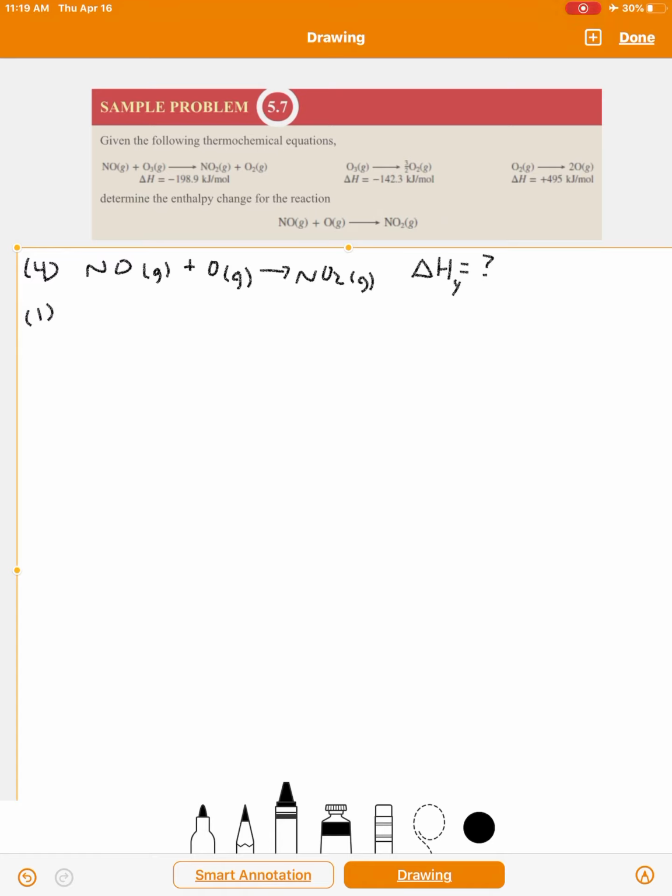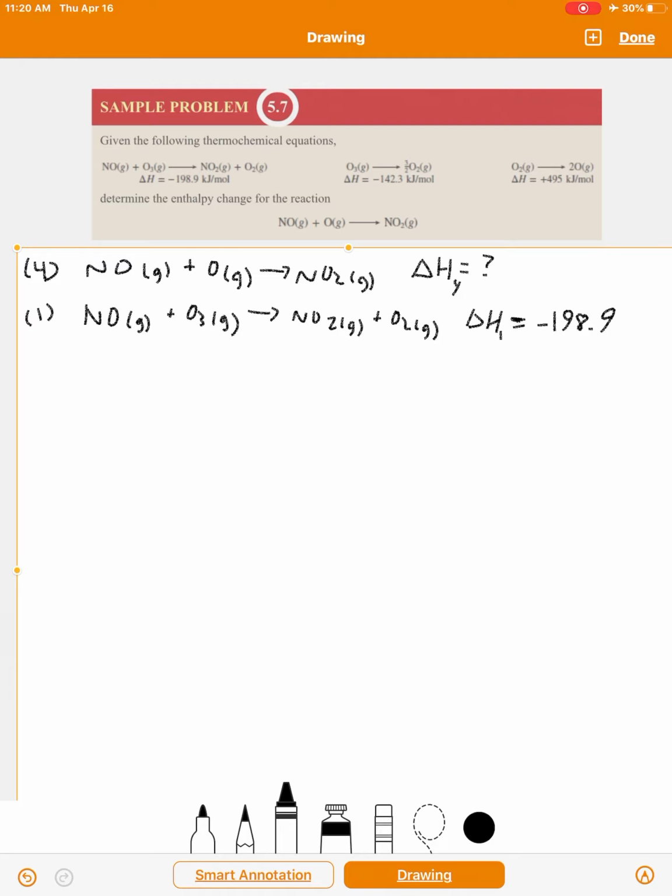I'm going to make no changes whatsoever. And if we make no changes to the equation, then we make no changes to the delta H. So delta H1 is going to stay the same. It's negative 198.9. I'll leave the units off, but these are all in kilojoules per mole.